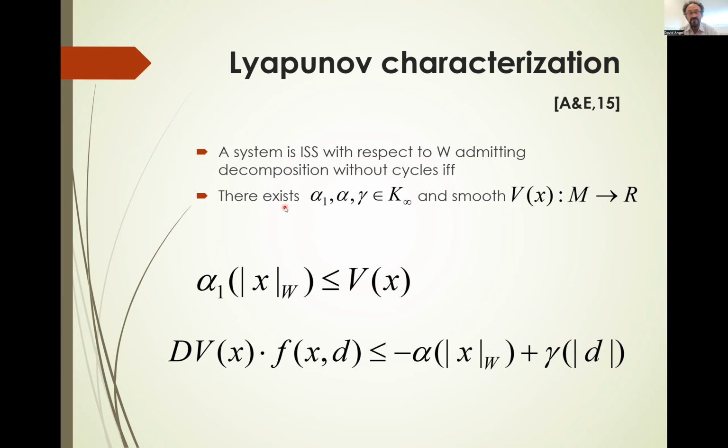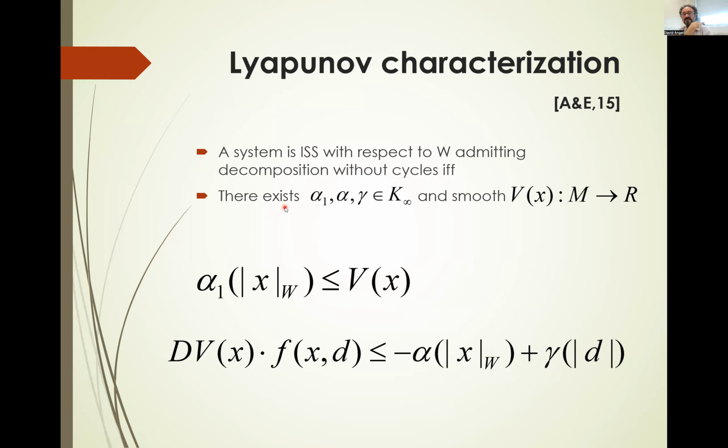By the way, notice here that the dissipation inequality now is in the form of alpha of the norm distance to W, which is not equivalent to having V of x, okay? Because now V of x is not sandwiched in between alpha 1 and alpha 2, so it's not the same as the distance to W qualitatively, meaning that the sublevel sets of V don't look like neighborhoods of W. Okay, so this is the big difference in this ISS.